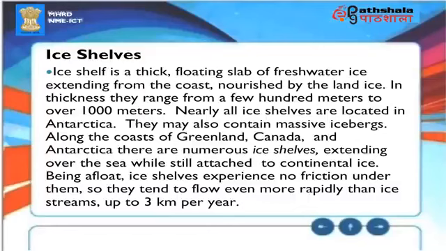Along the coasts of Greenland, Canada, and Antarctica, there are numerous ice shelves extending over the sea while still attached to continental ice. Being afloat, ice shelves experience no friction under them, so they tend to flow even more rapidly than ice streams, up to 3 kilometers per year.